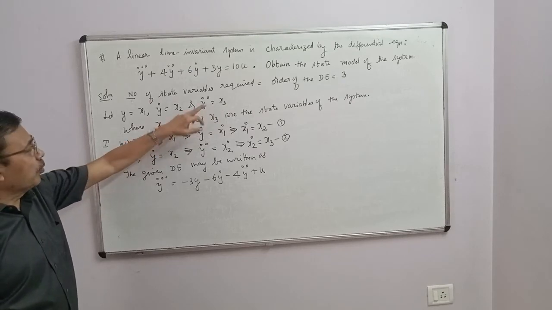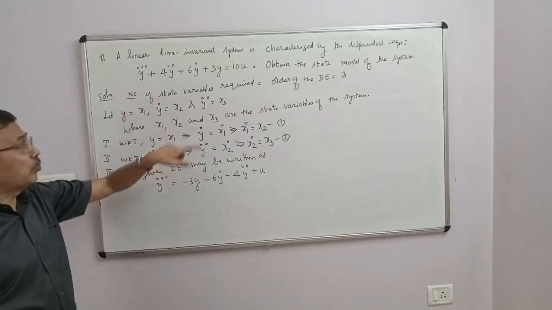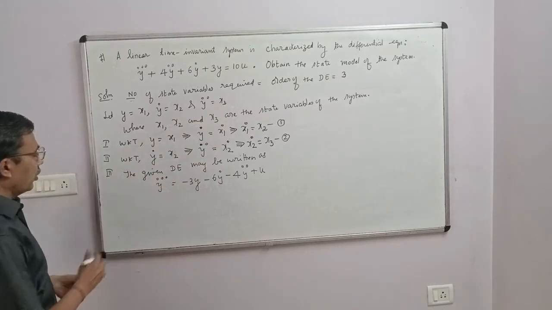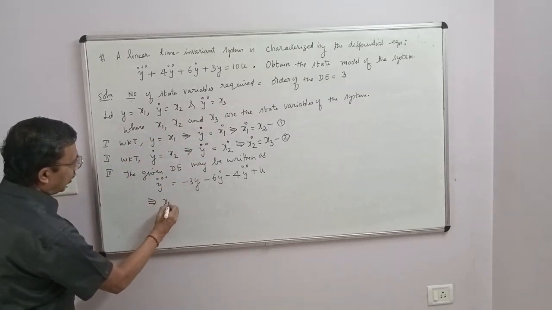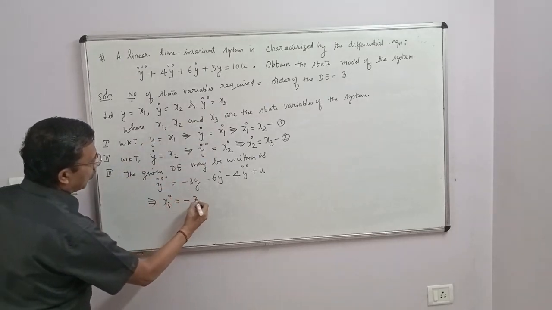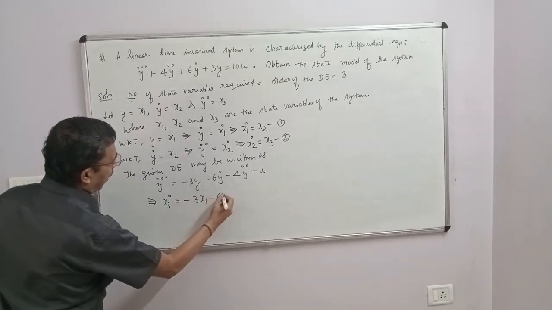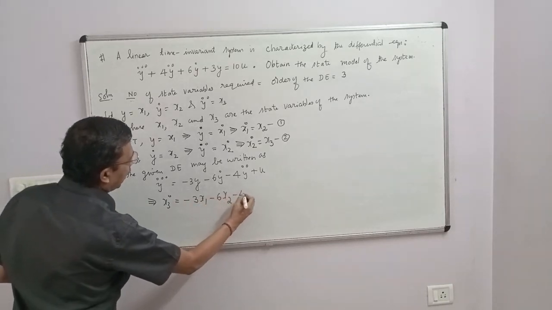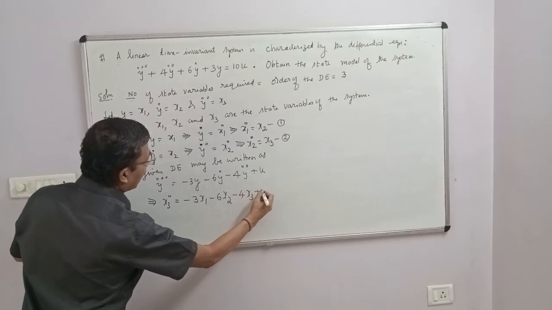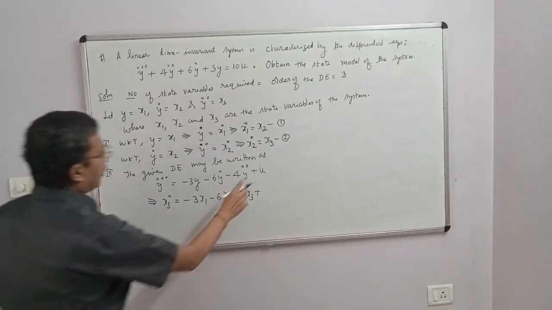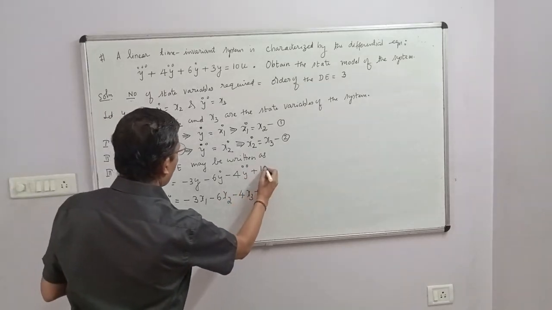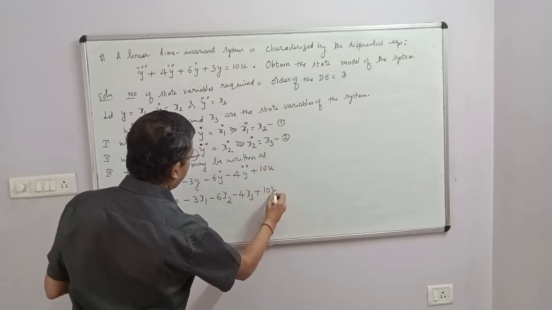See, y triple dot is d cube y by dt cube. So x3 dot is equal to minus 3 times x1 minus 6 times x2 minus 4 times x3 plus 10u.